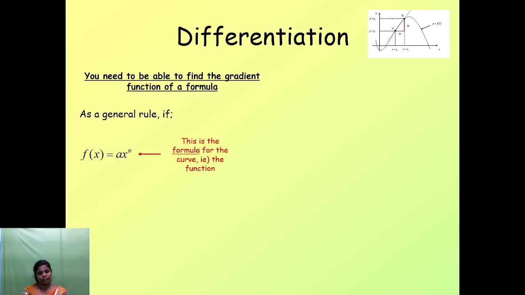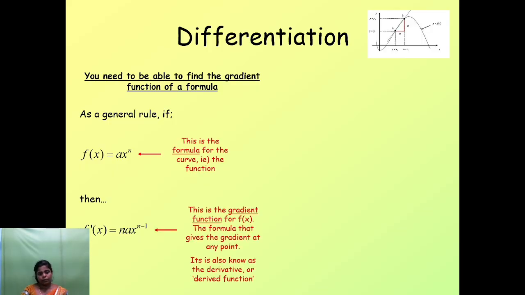Then the first derivative of f of x is denoted by f dash of x. The general rule for a into x power n is f dash of x is equal to n into a into x power n minus 1. This is our general rule.